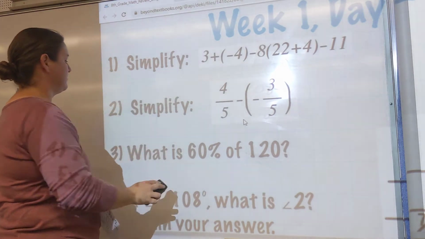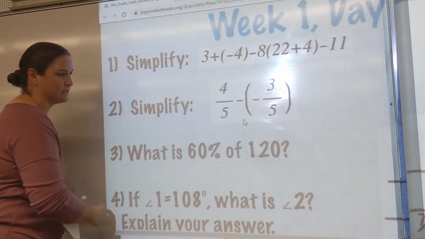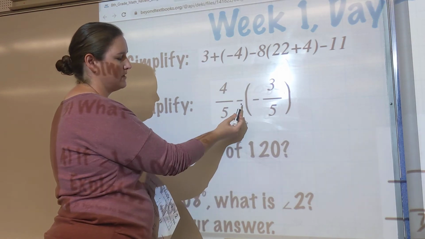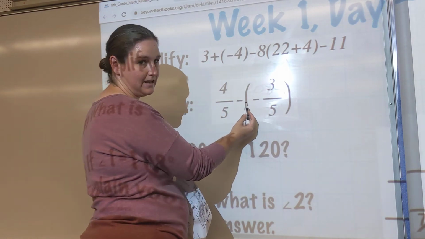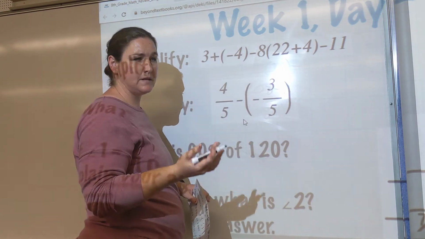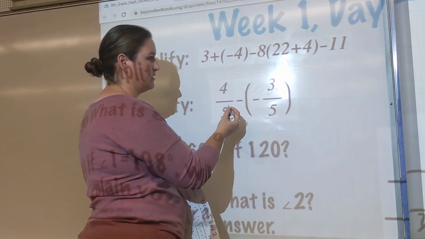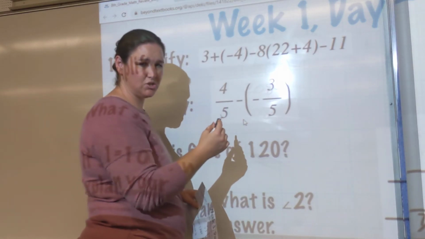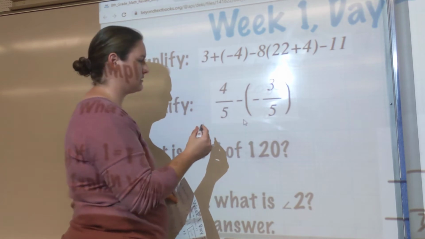Okay, then we have our number 2 here. Simplify. You have 4 over 5 minus a negative 3 over 5. And I think that you guys were taught keep, change, or something to that effect.